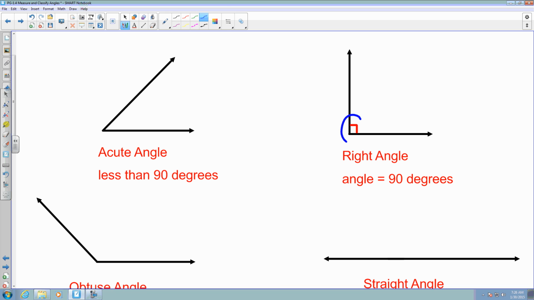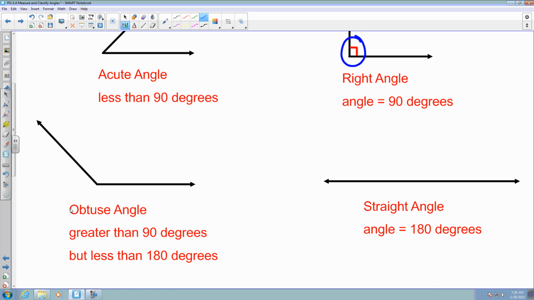And how we identify that is by this square box on the corner, because we can't prove that it's 90 degrees unless we have that icon there to show us. If an angle is greater than 90 but less than 180 degrees, it would be an obtuse angle, and then a straight angle would be considered to have an angle measure of 180 degrees.